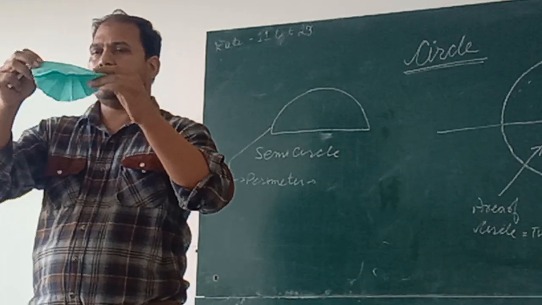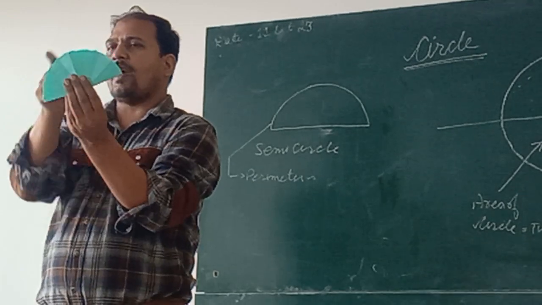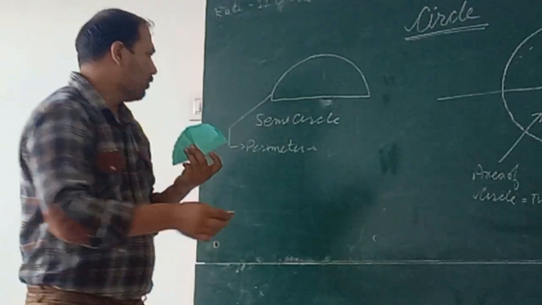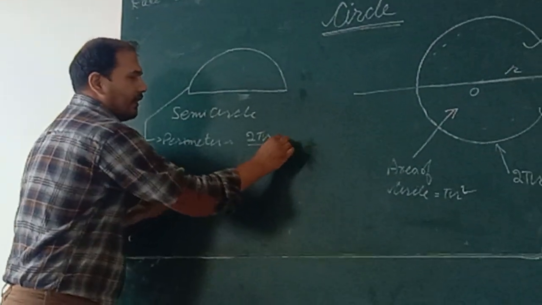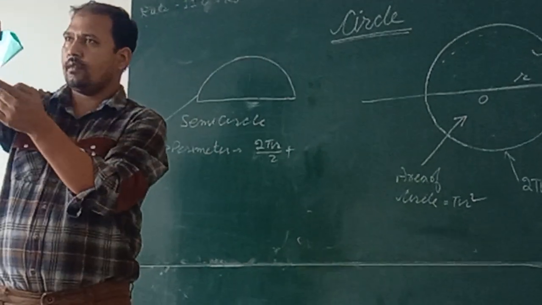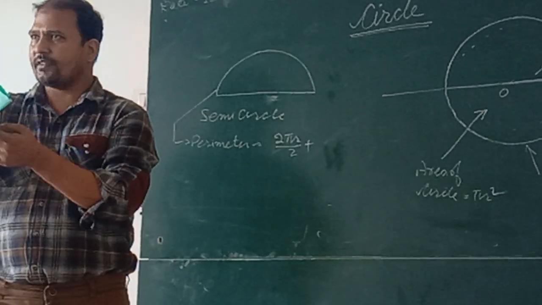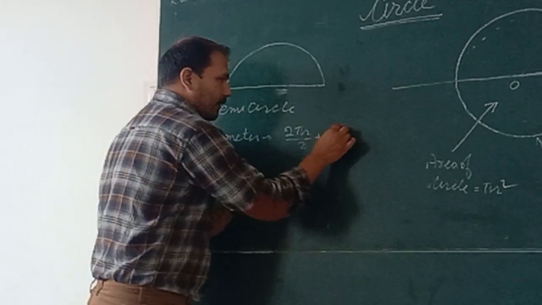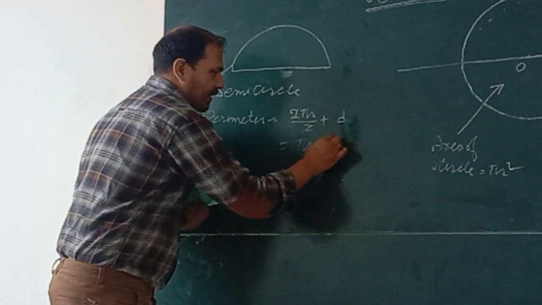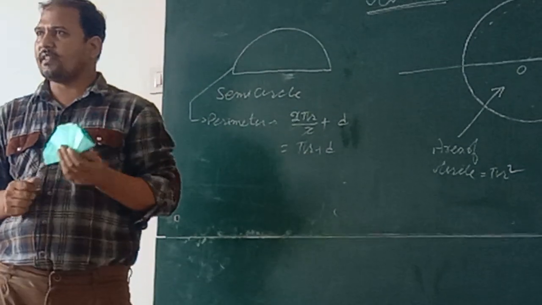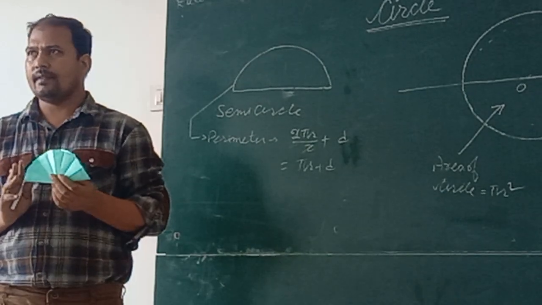Half of the boundary is 2 pi r upon 2, plus d. The diameter d is double the radius, 2r. So the perimeter becomes pi r plus d. Clear?